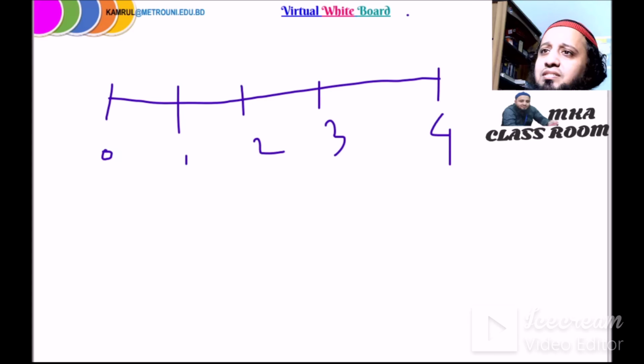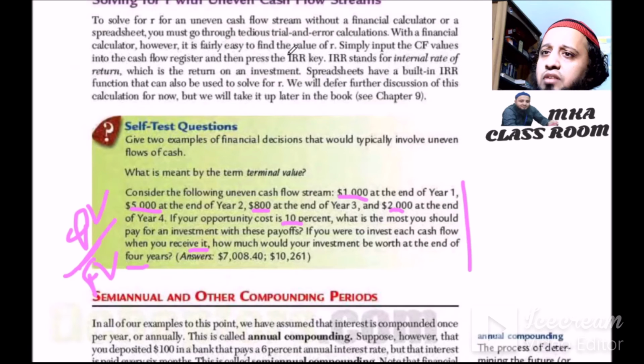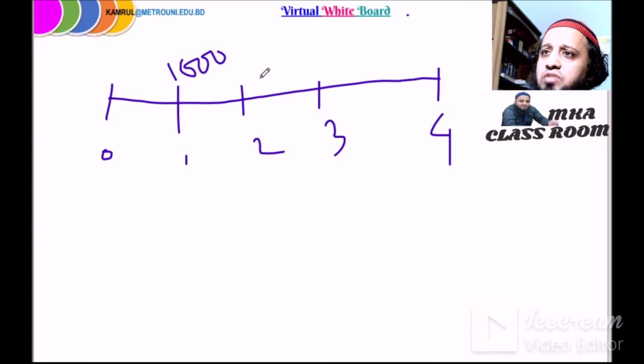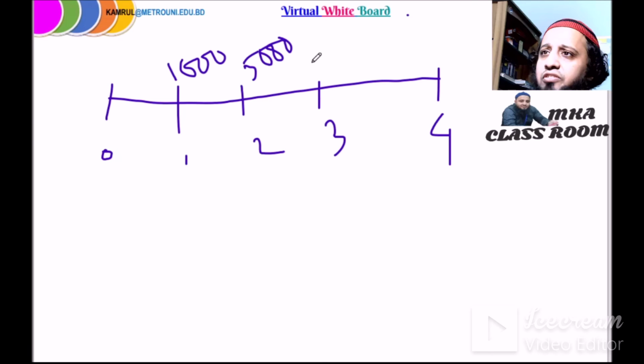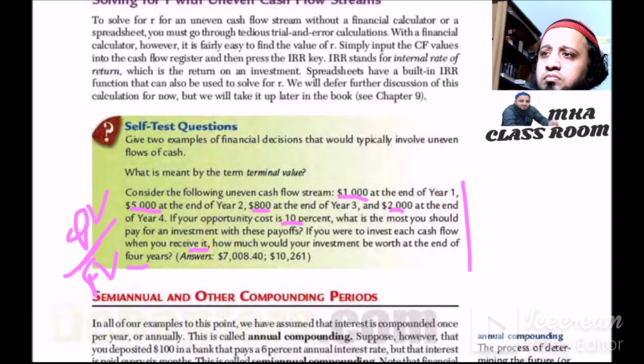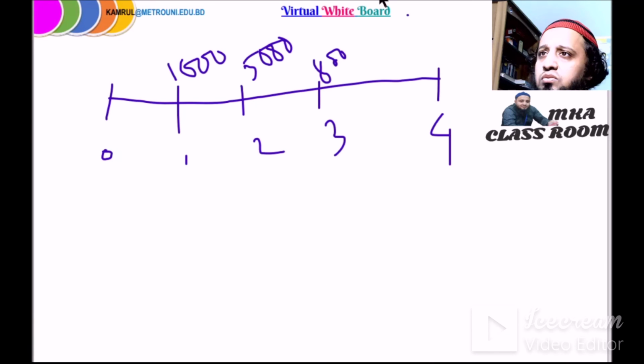So, here I said at the end of year 1 you will get 1000, at the end of year 2 you will get 5000, at the end of year 3 you will get 800, and at the end of year 4 you will get 2000. So, this is our problem.